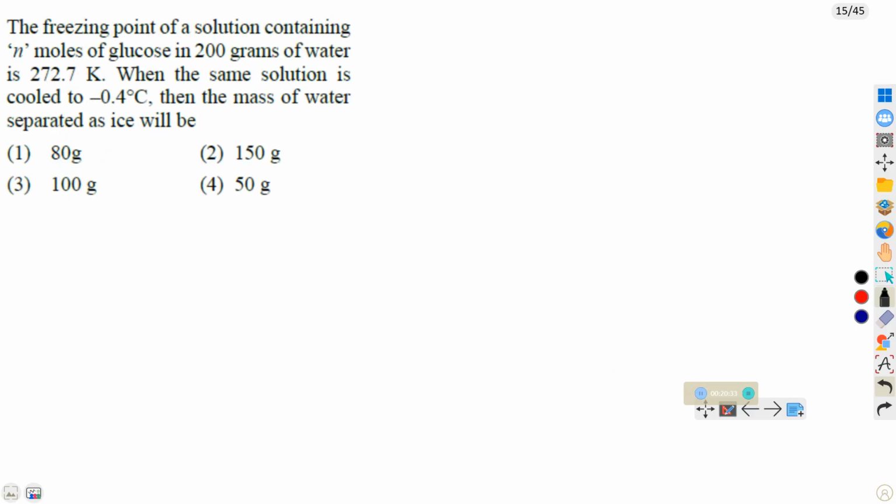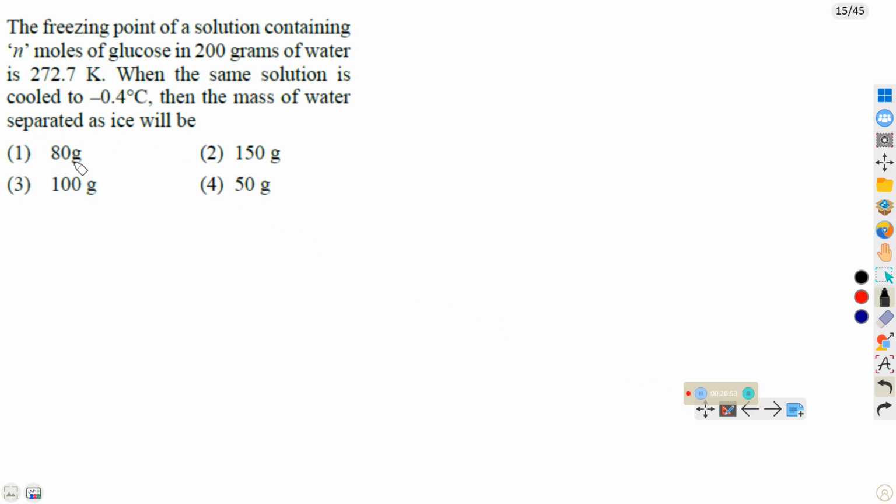The freezing point of a solution containing n moles of glucose in 200 grams of water is 272.7 kelvins. When the same solution is cooled to minus 0.4 degrees Celsius, then the mass of water separated as ice will be.